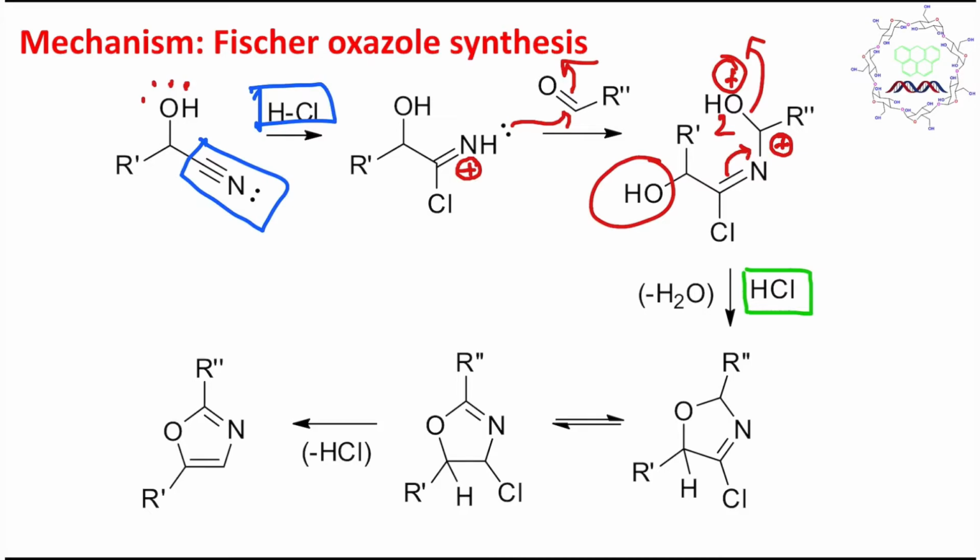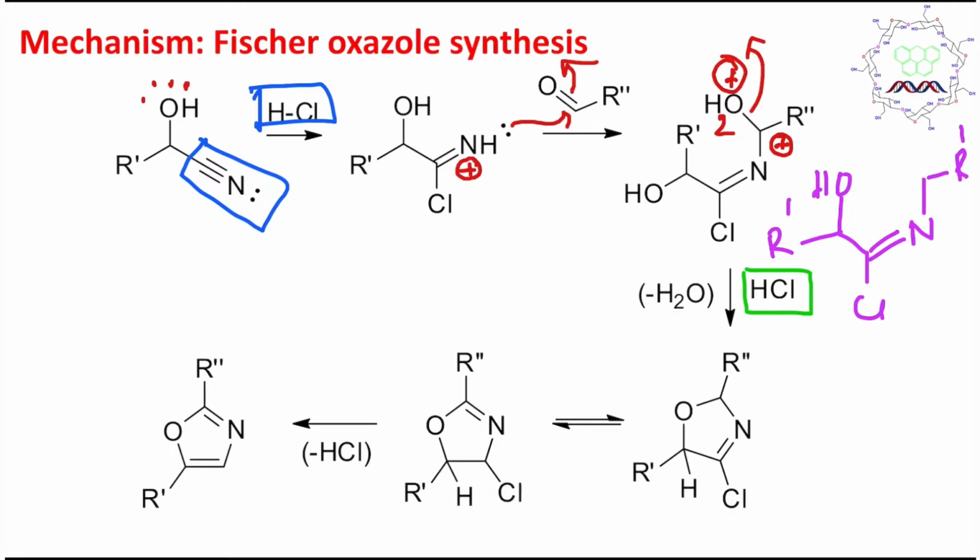So this will happen in this way, and as an intermediate you can consider that it will produce this: this is the OH, this is the R prime, this is Cl, this is N, this is another R double prime, and the positive charge is here. So in the next step, there is a lone pair of electrons on oxygen, so it will attack here.